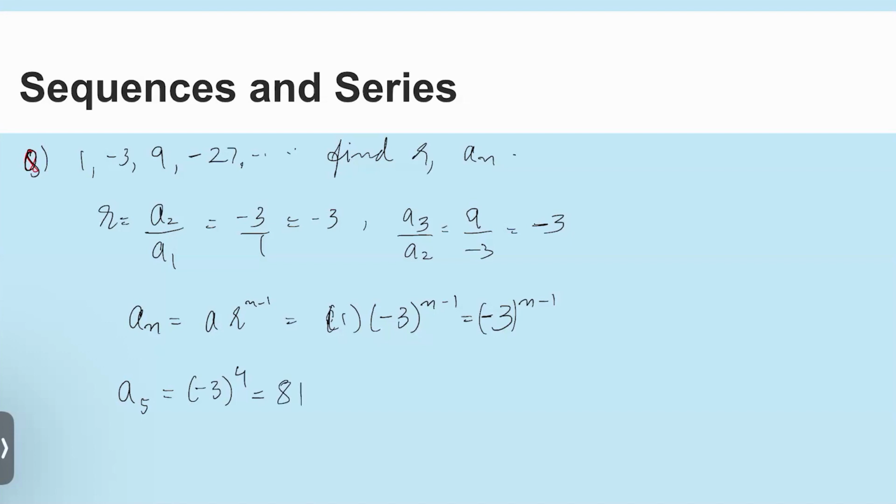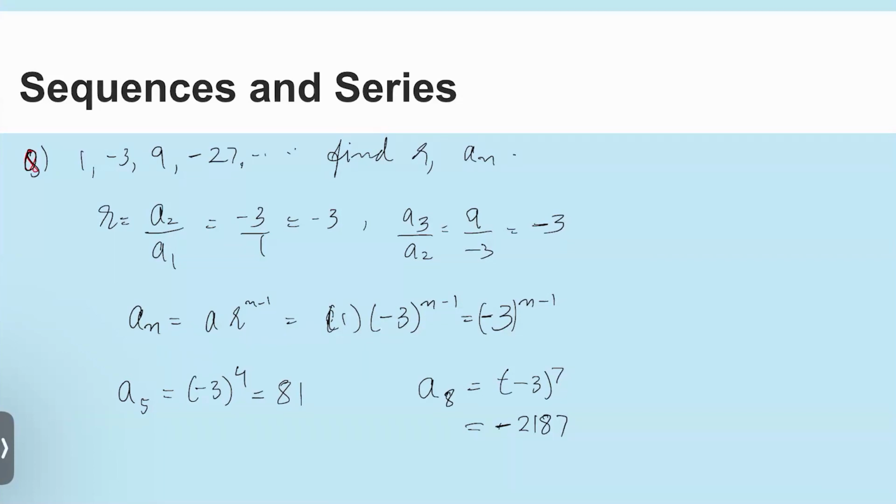Suppose we have A8. So this will then become minus 3 raised to 7. Now, as you can see, the power over here is odd. So your negative sign is going to remain over here. So with the negative sign remaining, this will be minus 2187.